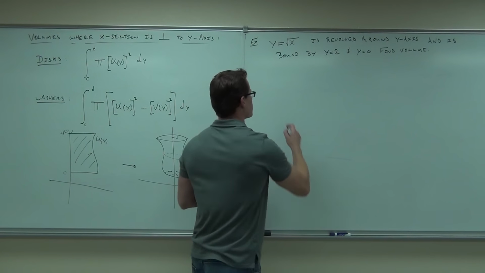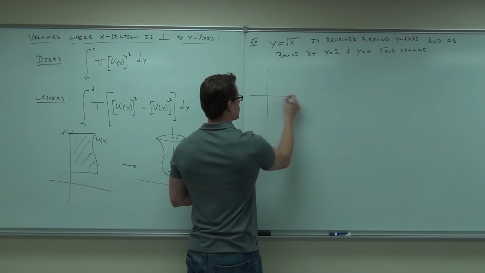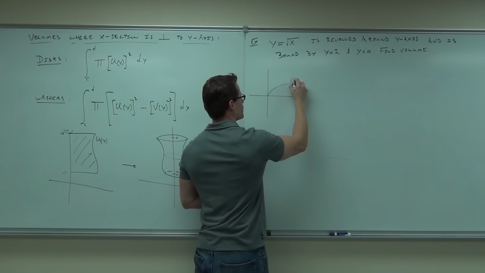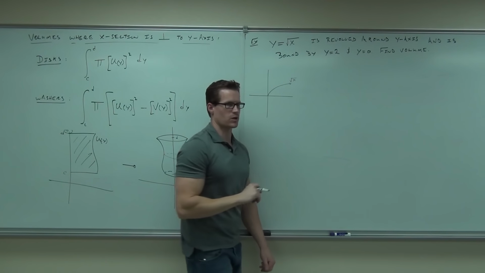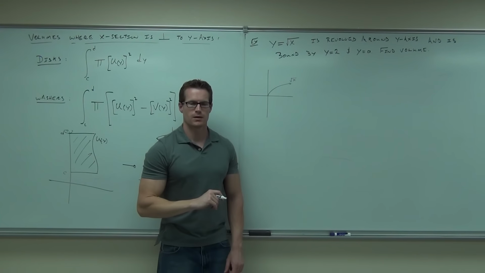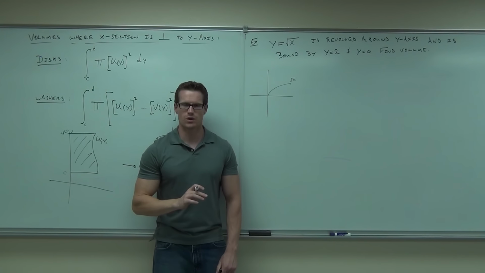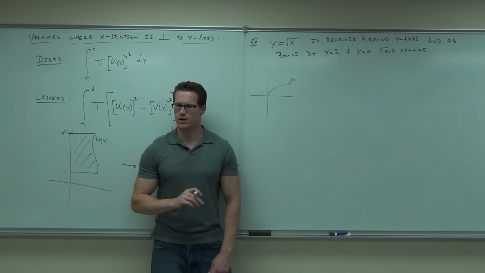Here's the idea. There's x squared. You with me? Now, bound between y equals 0 and y equals 2. What is y equals 0 and what is y equals 2?